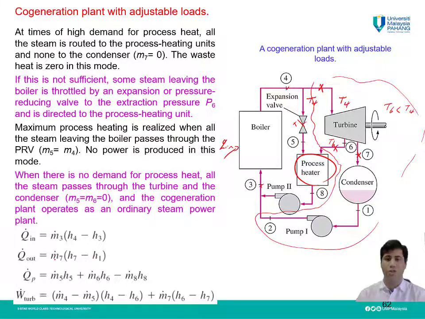Q dot out, which we have here in the condenser, which is the wasted thermal energy of this cycle. This is only when we have this condenser in this cycle, then it will be equal to m dot, the mass flow rate at this point, times H7, enthalpy at point 7, minus enthalpy at point 1, before and after the condenser.